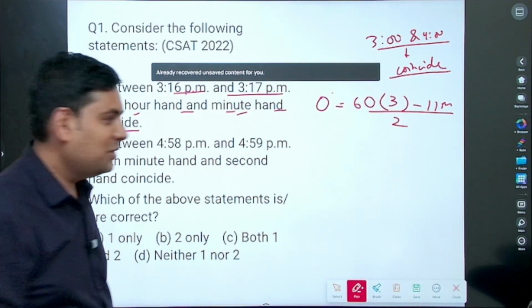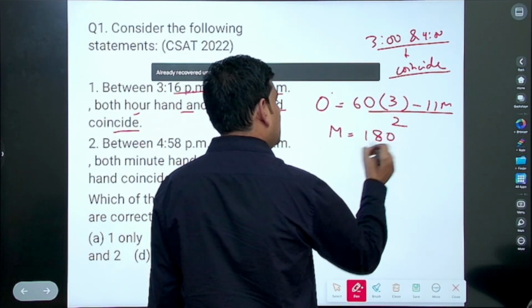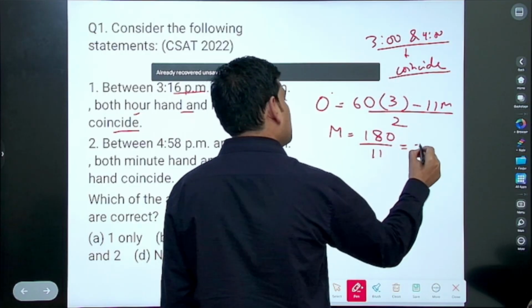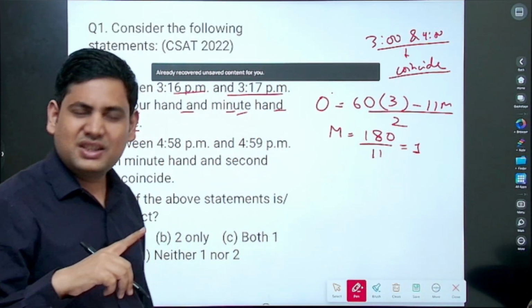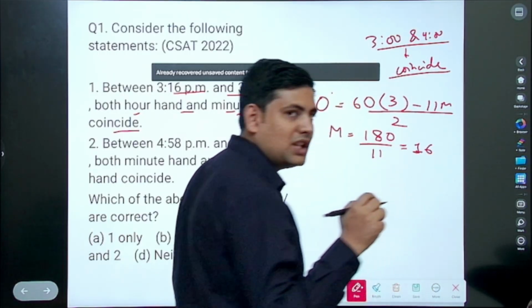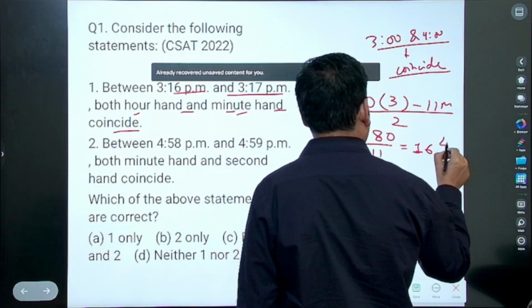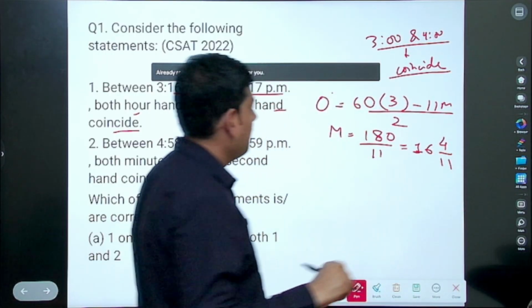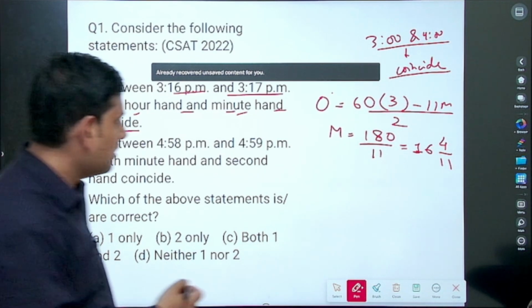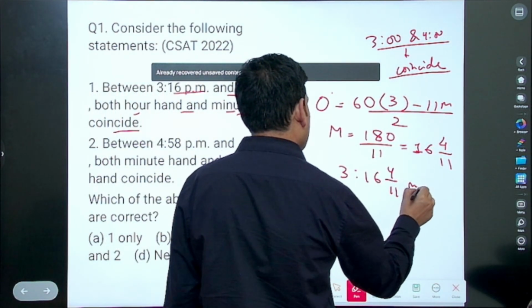So ultimately m came out to be 60 into 3 is 180 by 11. How many times this will go? One time. What remains? 7 remains. With the 70, it will go 6 times. What remains? 4 remains. So 16, 4 by 11. This is the time that you get. So ultimately the time is 3 hours 16 minutes and 4 by 11 minutes.